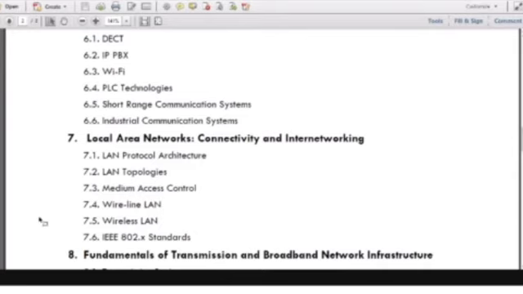That means there are also other LANs which might not be based on wireless LAN, but the idea is simple and derivative of what you already know, and therefore you will be given a reading assignment in this regard. Basically, you are going to read about wireline LAN, guided medium type, like Ethernet and others, and wireless LAN. For the wireless LAN, most of the discussion will be about Wi-Fi, which you already know.